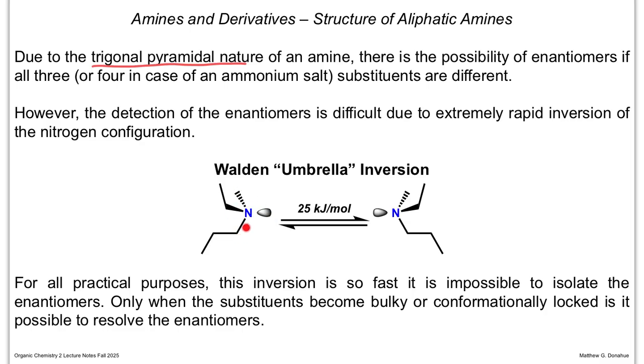It turns out you could draw a mirror image of that, which is shown to the right, and so those are actually enantiomers of one another. But really what is happening is you're flip-flopping that lone pair from one side to the next. That's called an inversion, and it happens pretty fast.